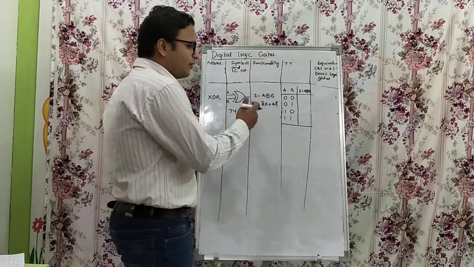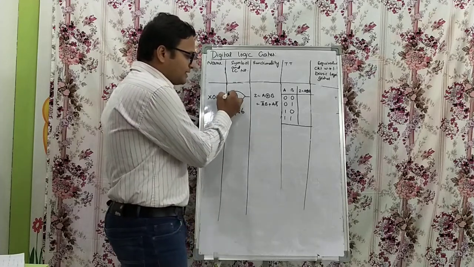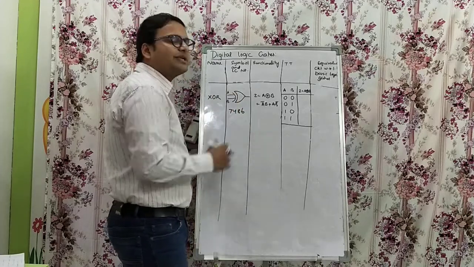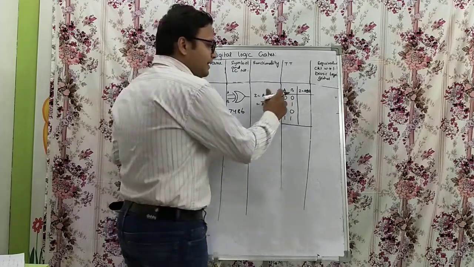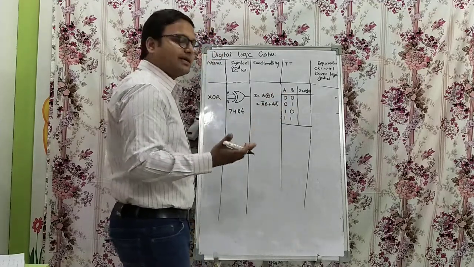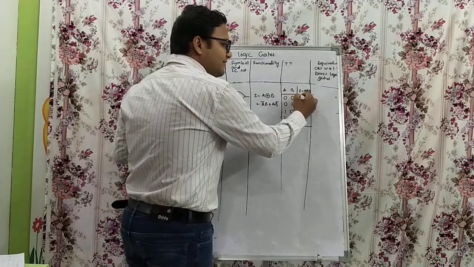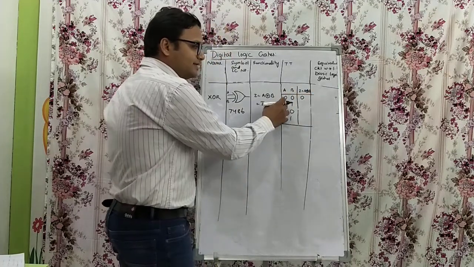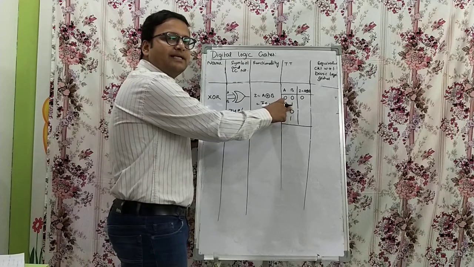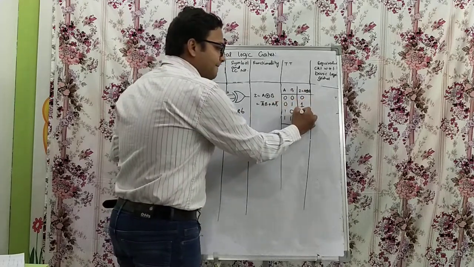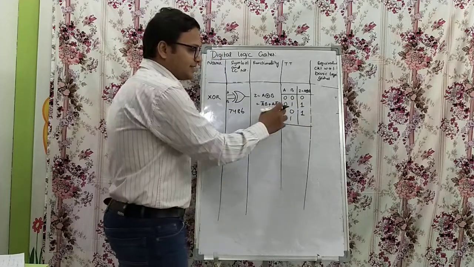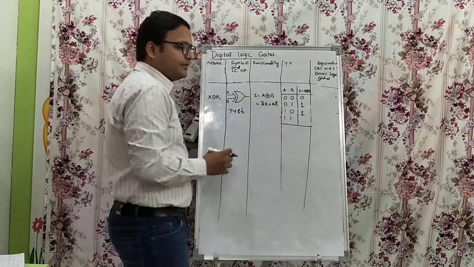So what is that odd one? If an odd number of ones come up, then the output resembles. So 0 0 has an even number of ones, there is no one, so the output doesn't resemble. 0 1 has only one, so 1 is an odd number, hence its output resembles. 1 0 has an odd number of ones.